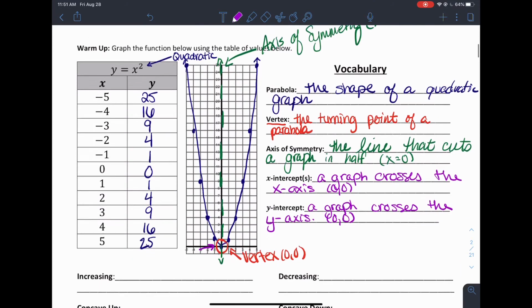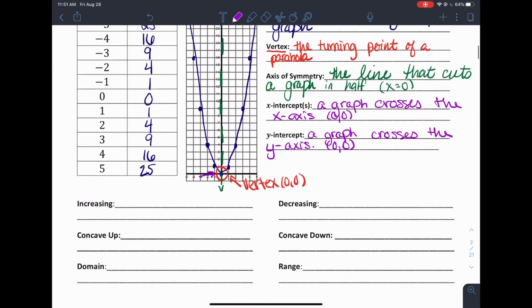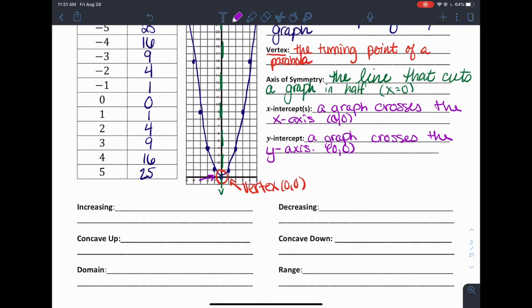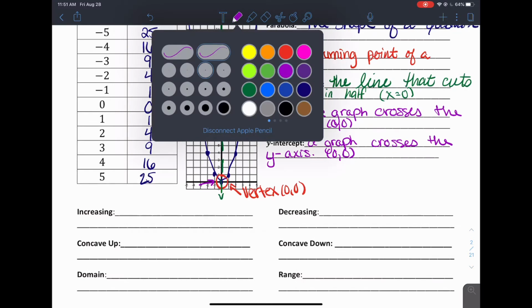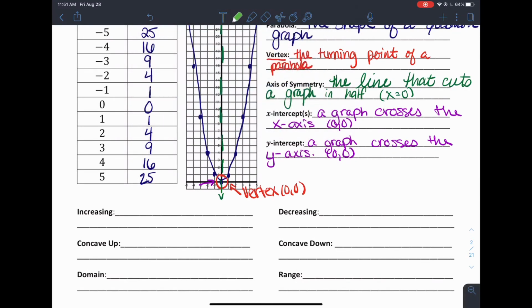Okay. Here's the stuff that the students usually actually have trouble with. Increasing versus decreasing, okay? Obviously, increasing talks about going up, decreasing talks about going down. Increasing is the set of x values where y goes up.